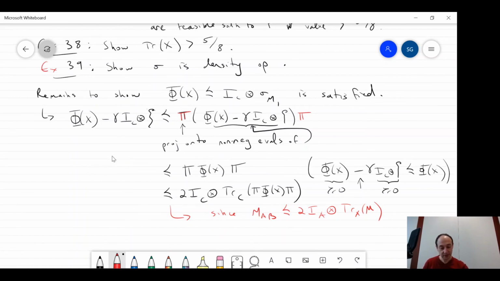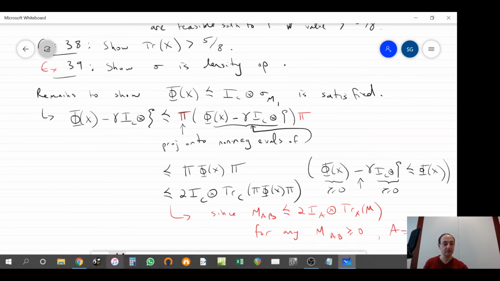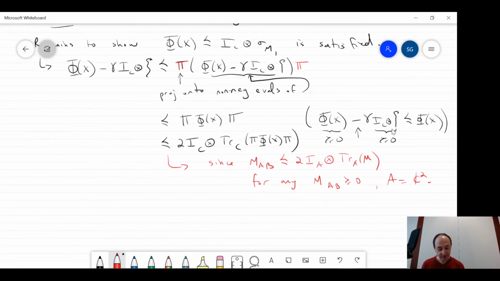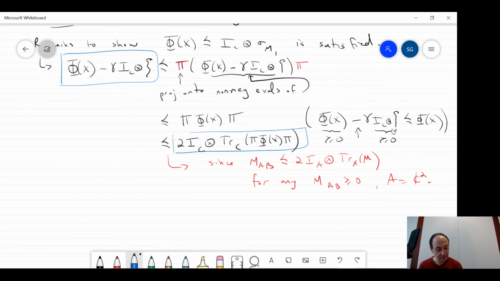Okay, and this completes the proof of, oh sorry, let me be clear, this is for any M_AB greater than or equal to 0. Okay, so I have this chain of inequalities now, right? And of course the main ones I care about are I have this on the left and this on the right now. And so now I just rearrange.